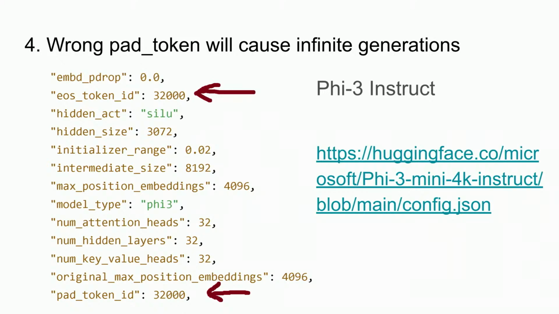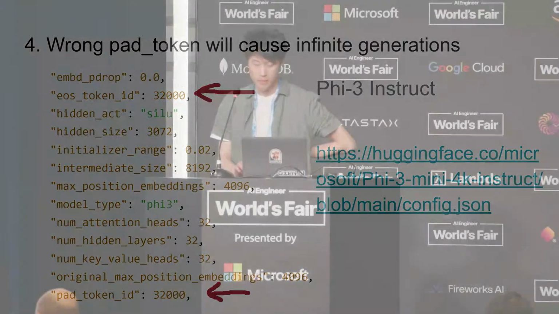Another interesting fact, and not just a Llama 3 problem, but for other models, is the pad token and the EOS token must not be the same. If you do this the same, your model will have infinite generations. The reason is because the pad token gets masked out during the cross-entropy loss. And if you use the same pad token as the EOS token, then your EOS token, the end of sentence token, will be masked out.